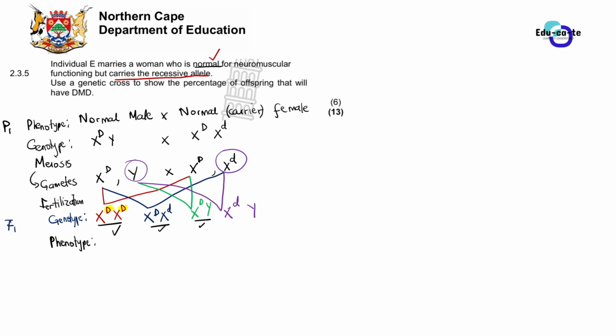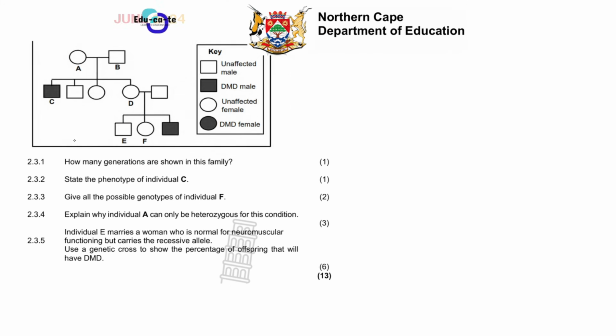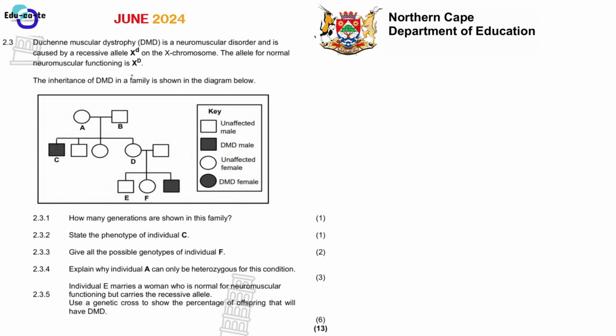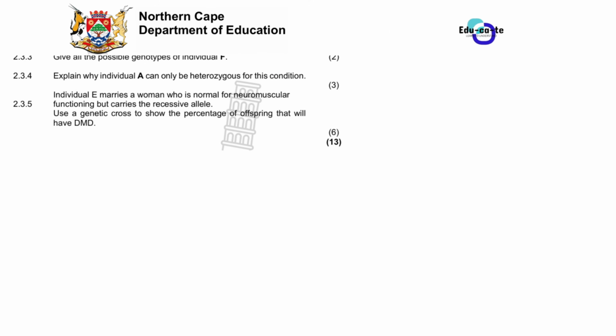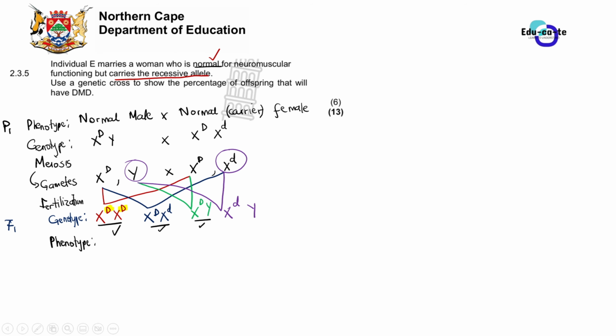According to the statement, the dominant allele, I repeat grade 12, the dominant allele X with a capital letter D, is the one that tells us that they are normal. So in this case, for our genetic cross, the dominant allele is present here, it is also present here, and it is also present here. So 3 out of 4 possible genotypes have got a normal.